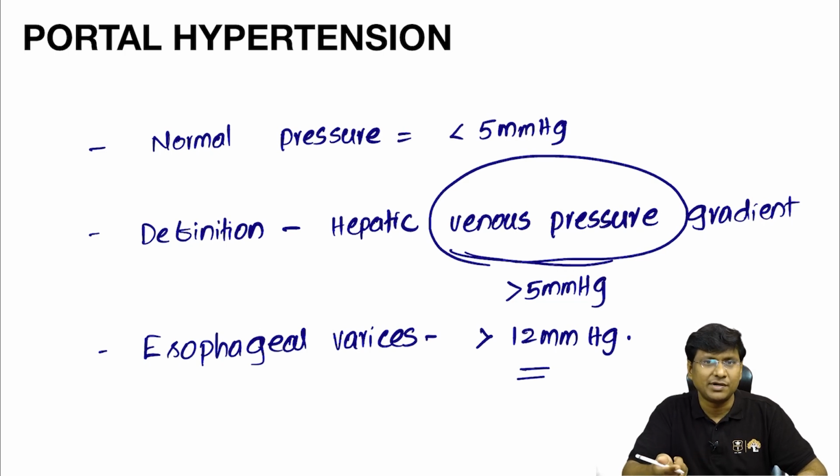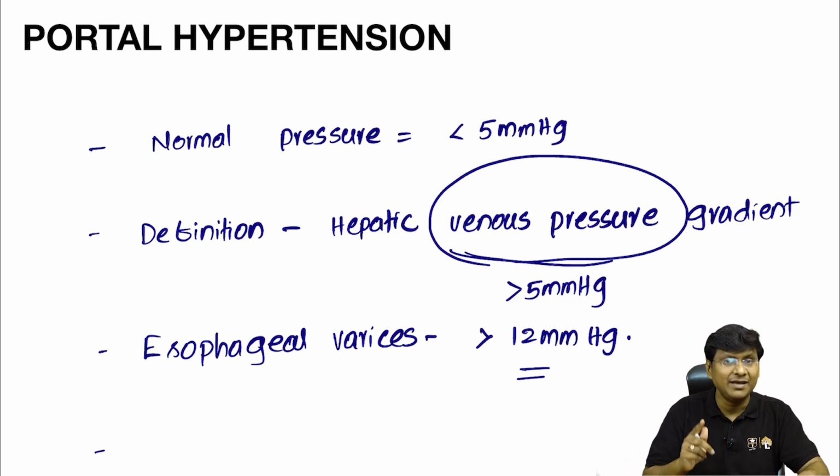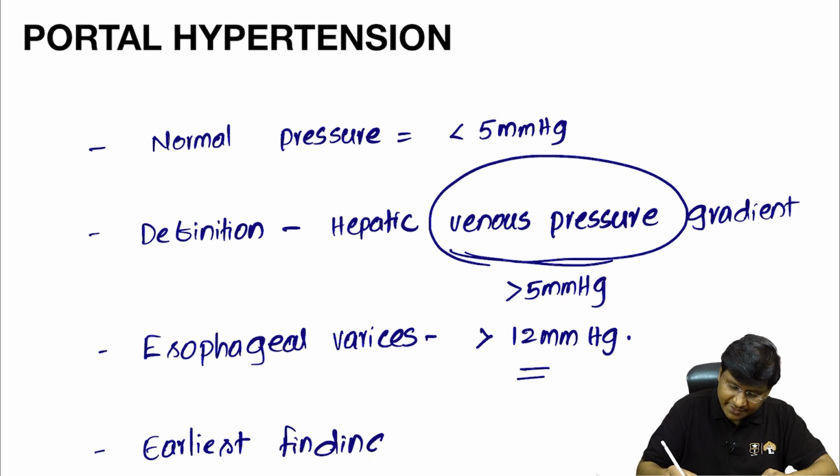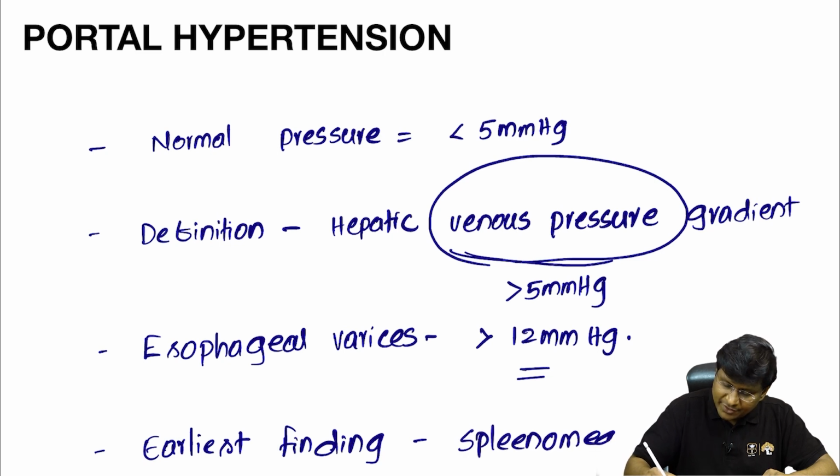And one of the very important causes for the development of portal hypertension is cirrhosis of liver, right? And what will be the earliest finding whenever there is development of portal hypertension? That includes splenomegaly, that is hypersplenism. Why is there splenomegaly?